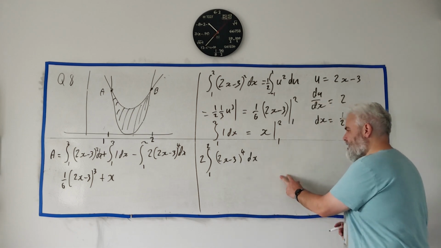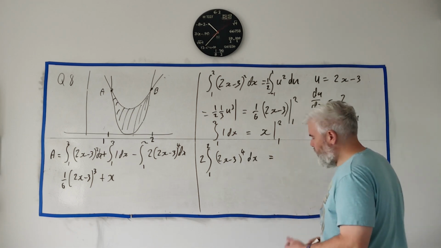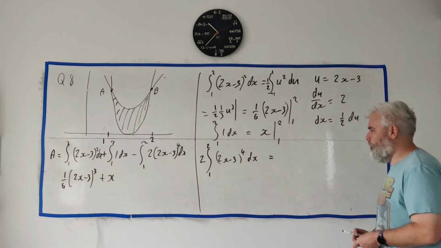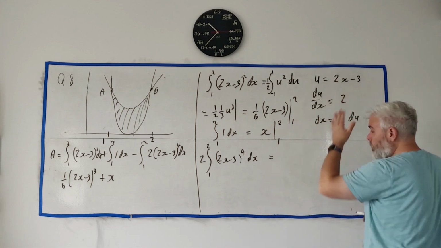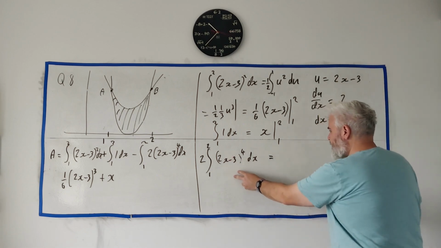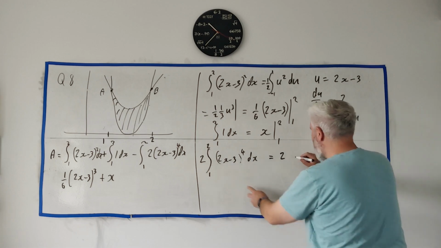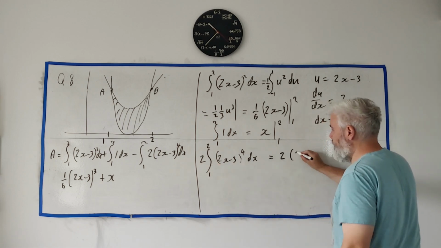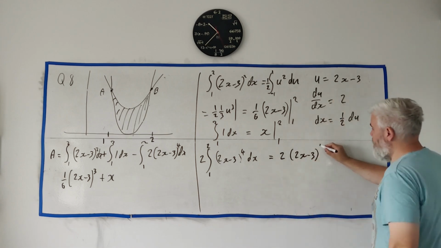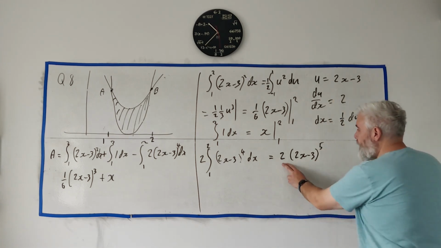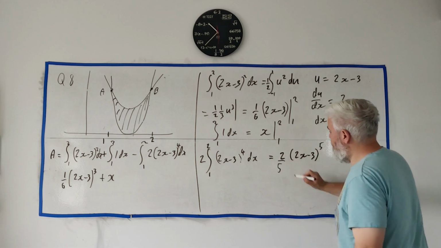So we can integrate this in our head using integration with the chain rule. If we imagine this bracket is just a u or anything, the 2 would be out here. This bracket, 2x minus 3, would just go up a power, so it'd go up to 5, and then we'd divide by a 5.